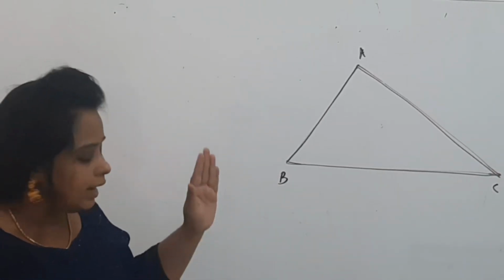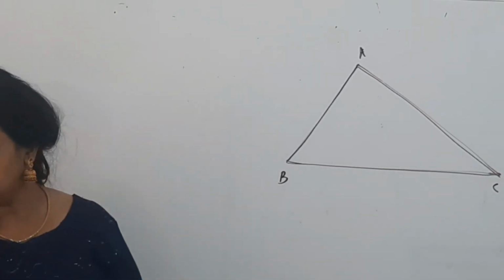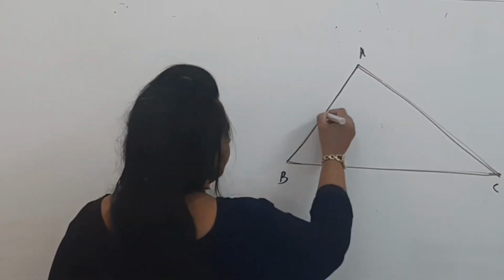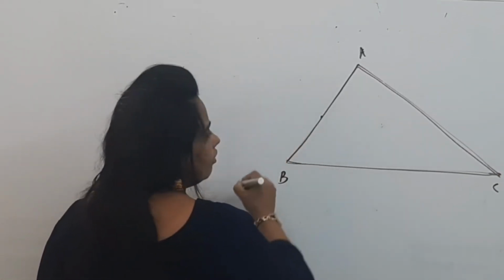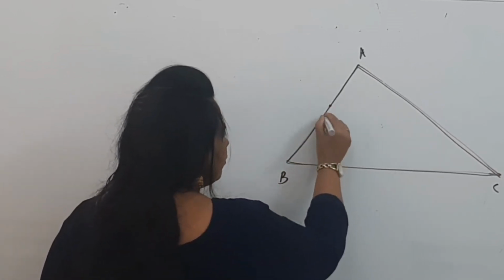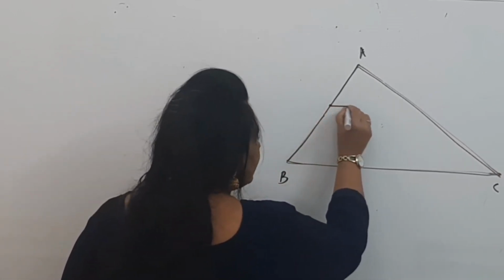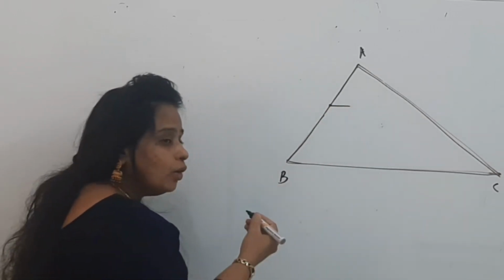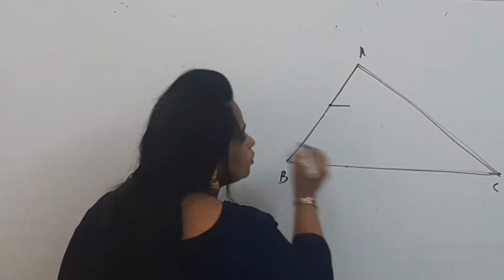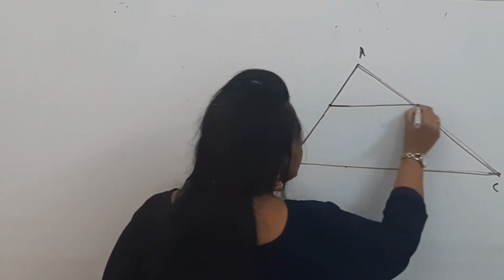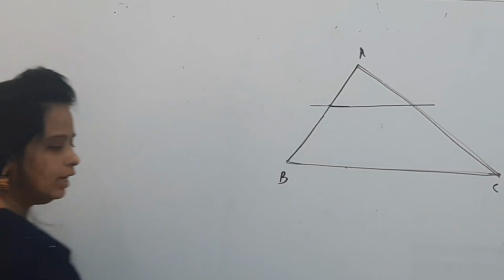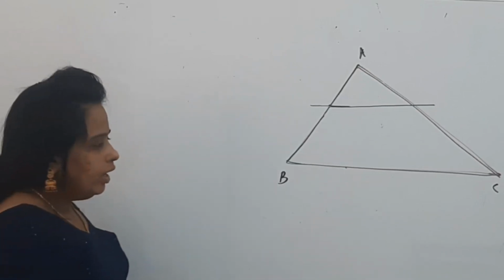So I have a triangle ABC, and I'm drawing a line from one point. It need not be the midpoint. I draw the line such that it is parallel to this base BC.